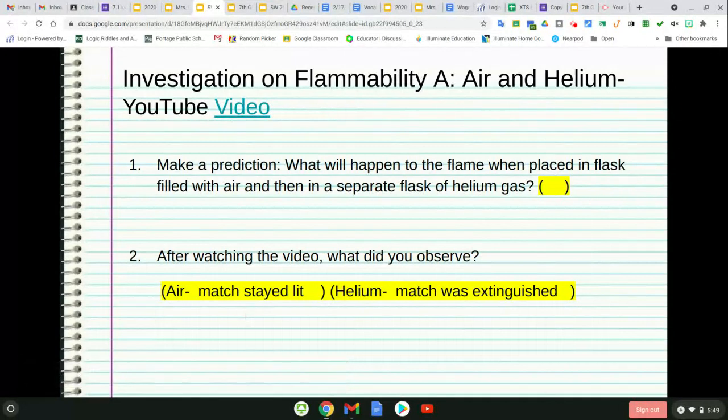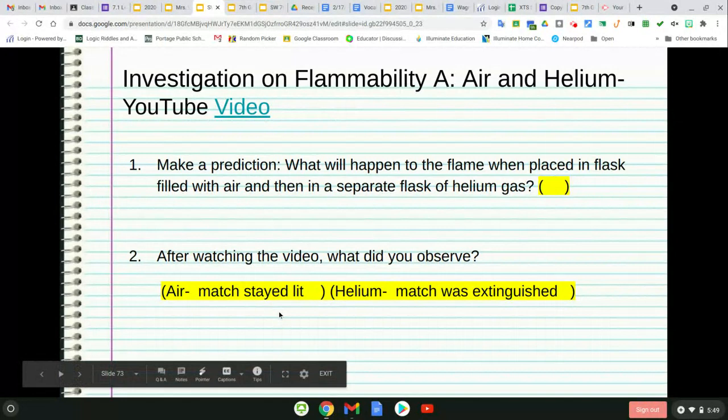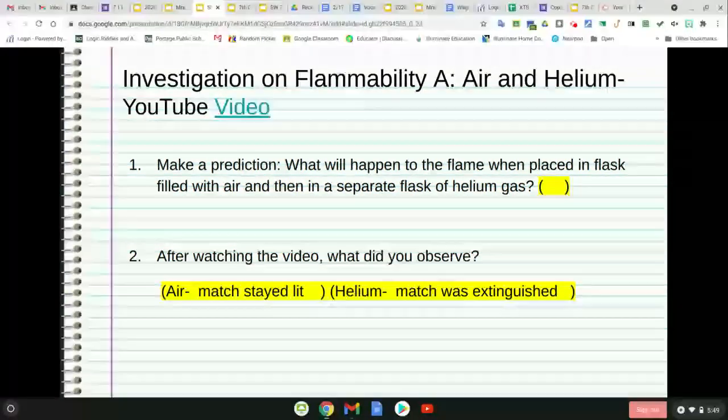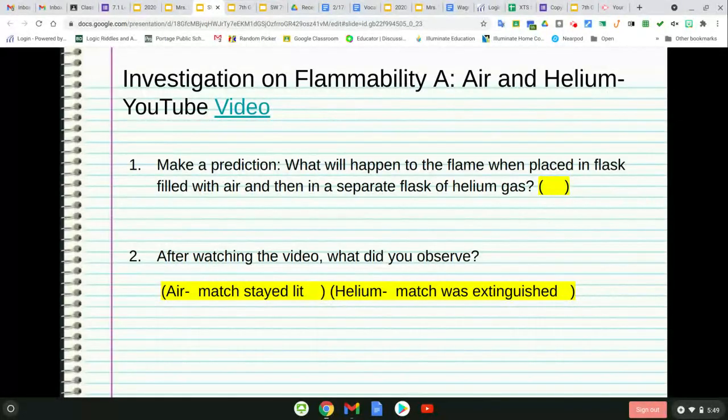What this means is that air allows fire to exist. Okay? And you have everyday experience with that. Helium, when it came into contact with the match, the match was extinguished. The flame went out. What this means is that helium is not flammable. So its property of flammability is not flammable.